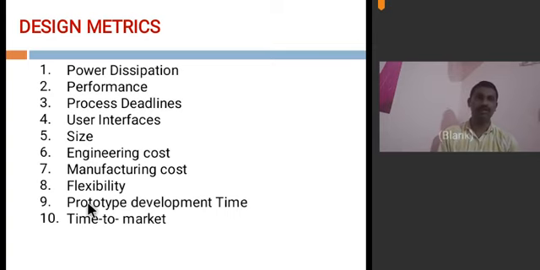That is the time between prototype development and delivery to the user, called time to market. These are the different design metrics we have in the design process. Thank you.